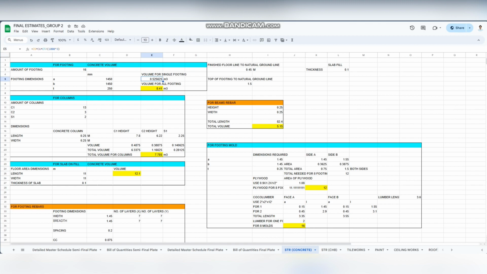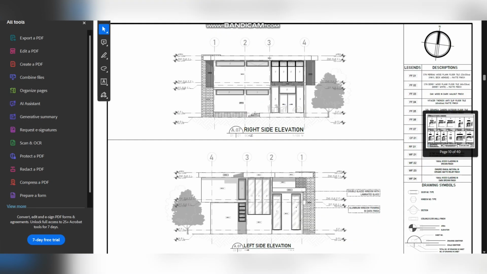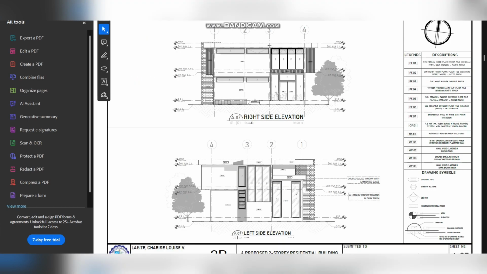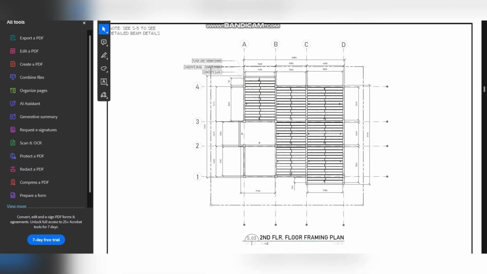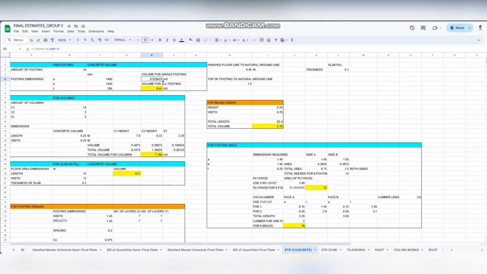Then in the plans there were 16 footings. This was just manually counted from the plan right here, 16 footings. Then we multiply that by the volume for a single footing, then we got 8.41 cubic meters.